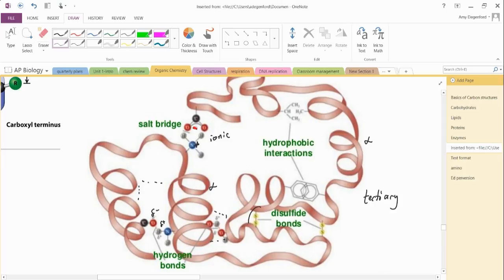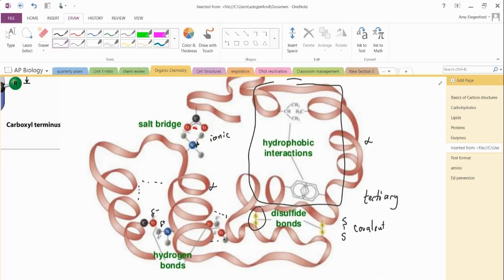Now the yellow here, those are called disulfide bonds. Those are sulfur-sulfur bonds. They're very strong. They're covalent. So that really strengthens the protein shape as well. And then we have these hydrophobic interactions. So overall, this group over here might be excluded from the rest of the protein because it is neutral.